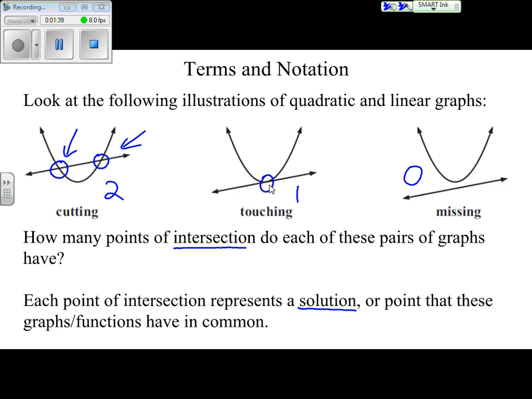And then here we can see there's one solution that would work for both the parabolic equation, the quadratic, as well as the line. And then here we have no places crossing, so there are 0 solutions. All right, and we'll need that information as we get to our examples here in just a moment.